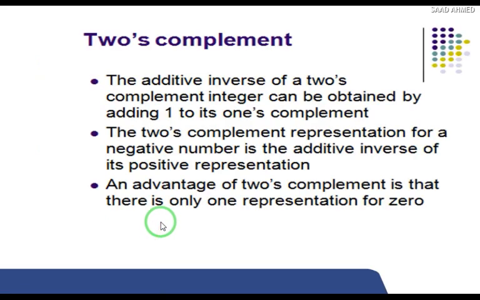Okay, the advantage of using 2's complement is that there is only one representation of 0. That means because 0 is 0, it is neither positive nor negative. That is why when you use 2's complement and you have a 0, it will give you a 0 after the 2's complement, which means that 0 equals 0, and every other number will be converted into a negative number.